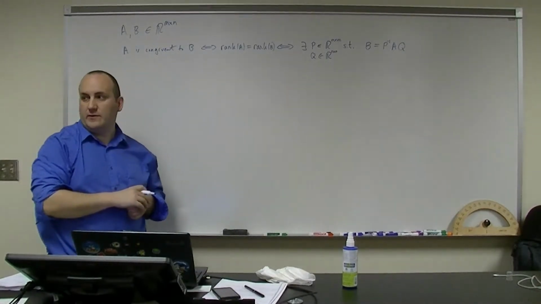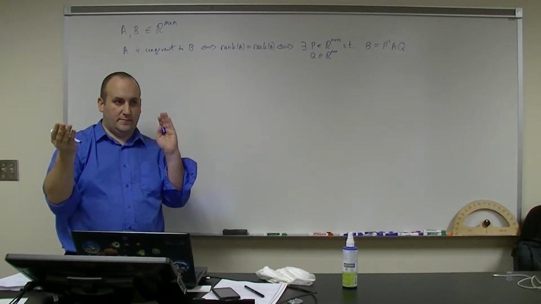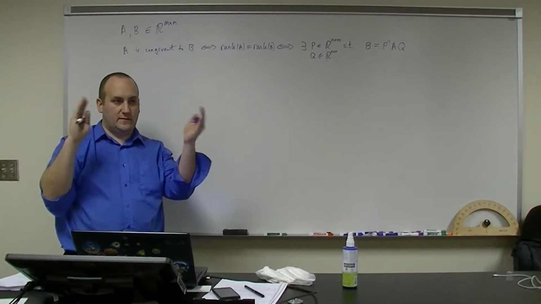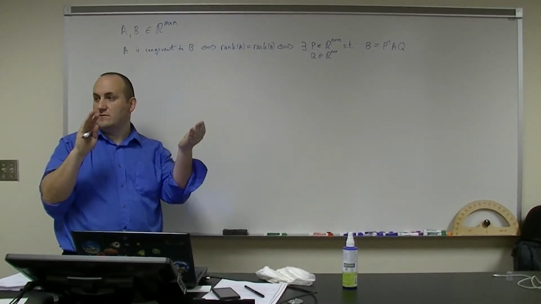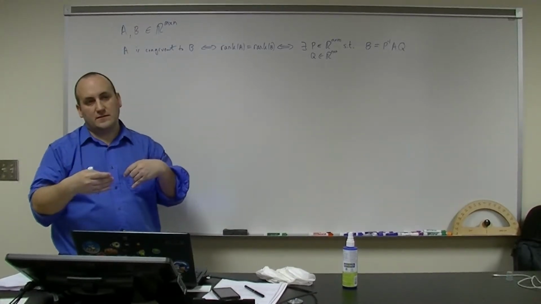And what else did we prove? Because you're allowed to use a different matrix on the one side and the other, since P doesn't have to be equal to Q, it gives us a lot more flexibility in redefining the basis, essentially.